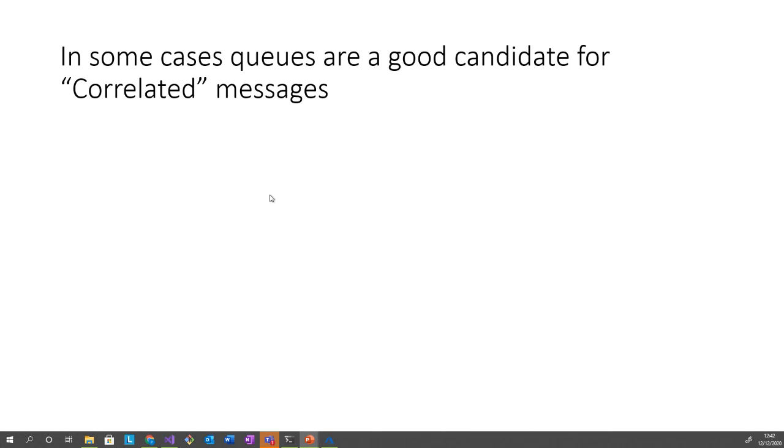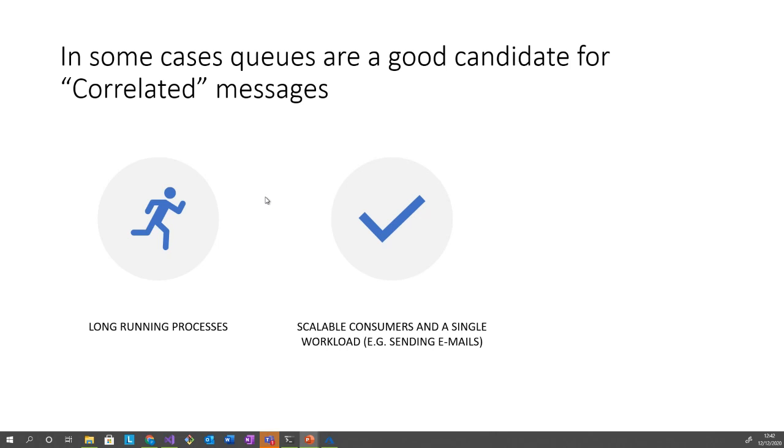Okay, so queues are a good candidate for correlated messages in some cases. That tends to be longer running processes and scalable consumers.